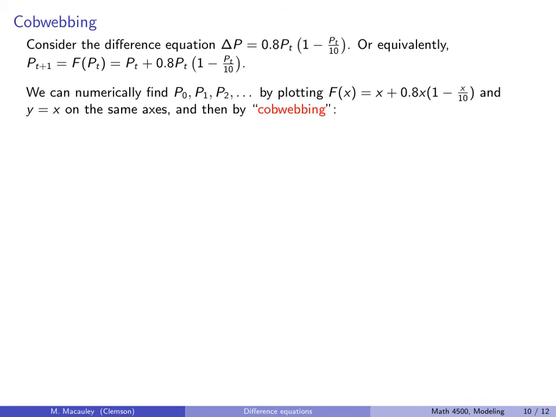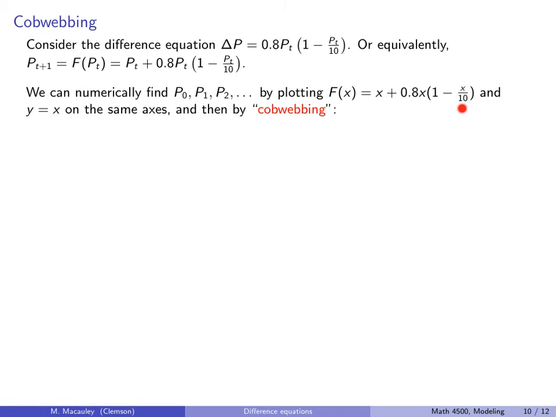So these are the same equation, just written different ways. So we can numerically find the population at any day. If we start with P naught, we could find P1 and P2, and so forth. And how we do that is we take the actual function, this function f of P t.